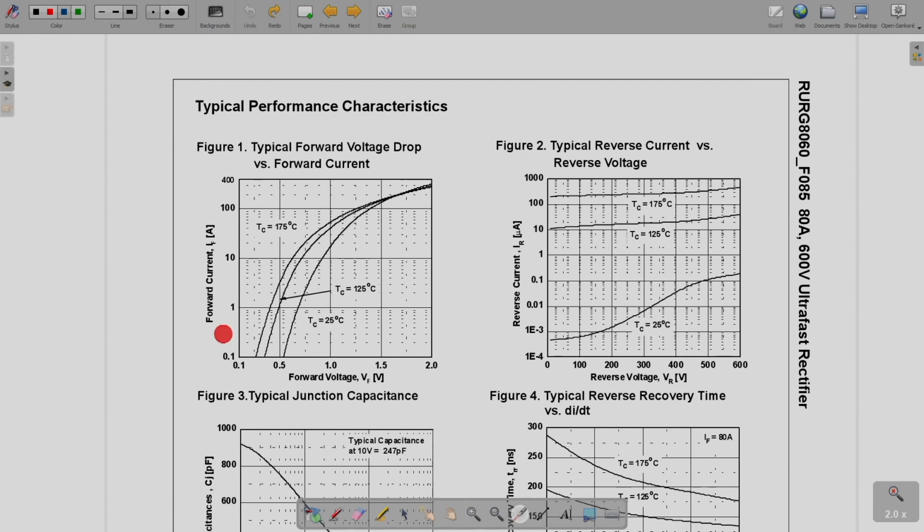Now, these are your forward characteristics, figure 1, forward voltage drop versus forward current. These are the thresholds, and after that, as your current increases, the forward voltage drop also increases. Then the reverse current, which is basically your leakage current, shows how it changes with the reverse voltage that is applied.